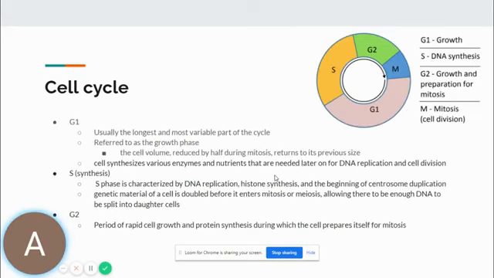G1 is usually the longest and the most variable part of the cycle, referred to as the growth phase. In this phase, the cell volume, which is reduced by half during mitosis, returns to its previous size. The cell will need to synthesize various enzymes and accumulate nutrients needed later for DNA replication and cell division.